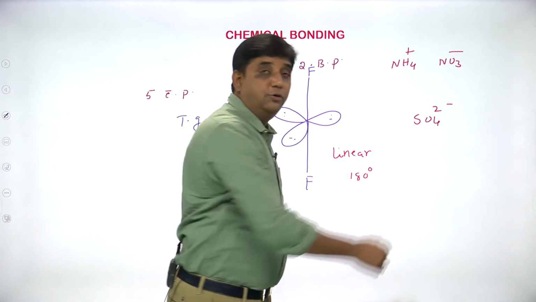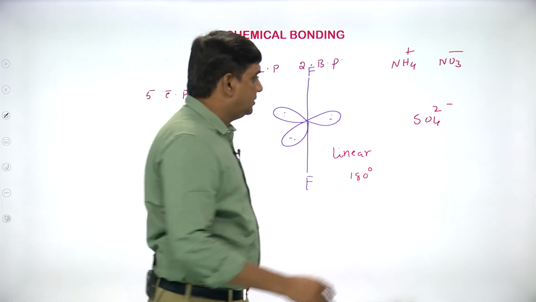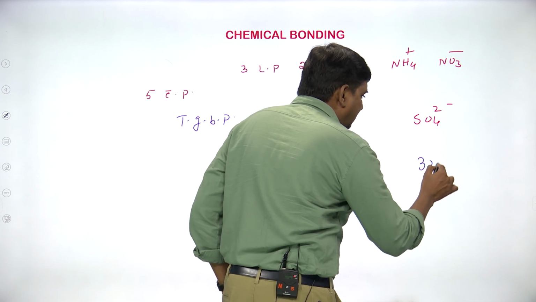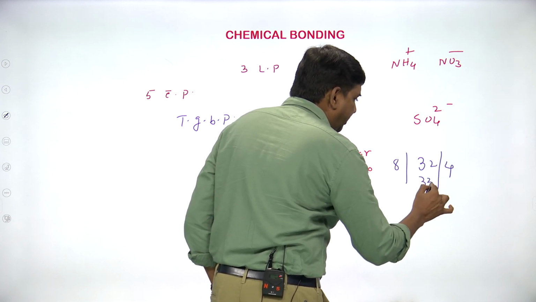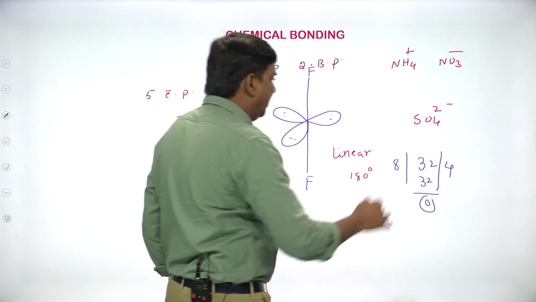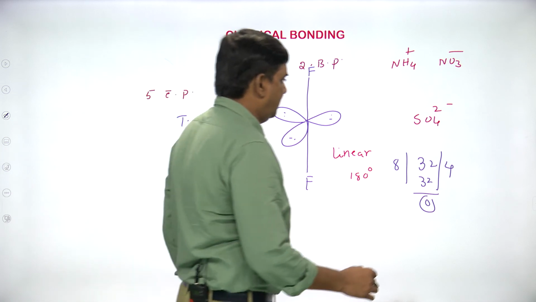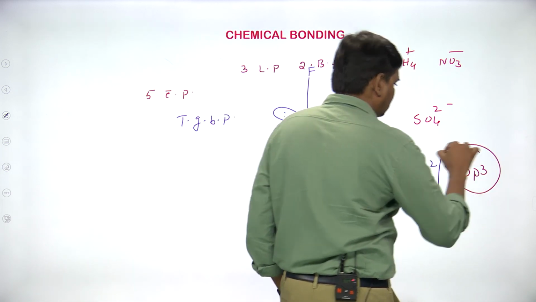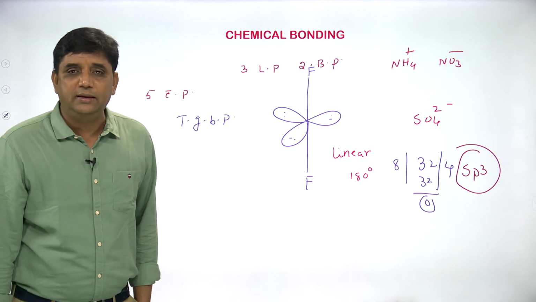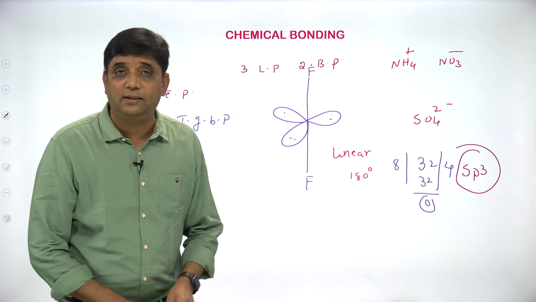And 2 negative charges are there, which means you have to add 2 electrons. Then the total becomes 32. 32 should be divided by 8. So 8 fours are 32, remainder 0. And 4 means sp3 hybridization. Therefore the sulfate ion hybridization is sp3.